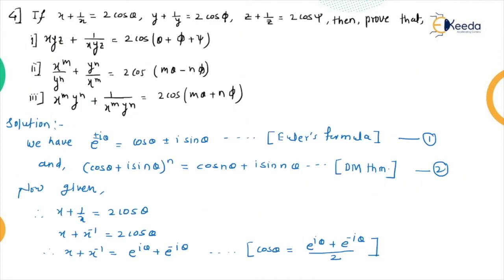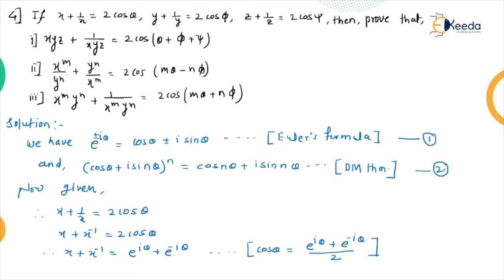We are given this problem: x plus 1 by x equal to 2 cos theta, y plus 1 by y is equal to 2 cos phi, z plus 1 by z is equal to 2 cos psi. Then we have to prove that, first, xyz plus 1 upon xyz is equal to 2 cos of theta plus phi plus psi.